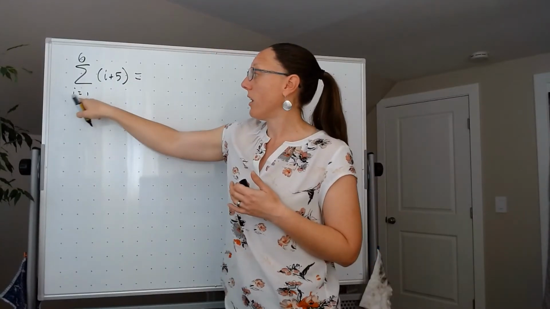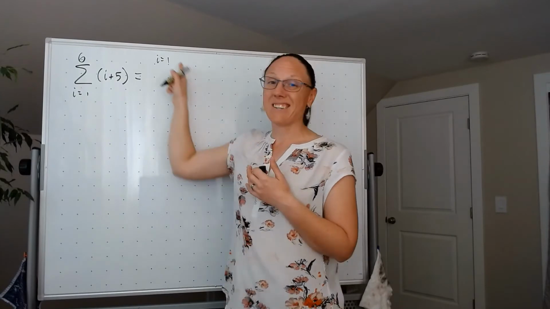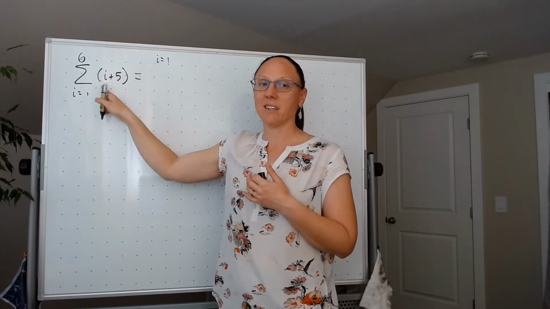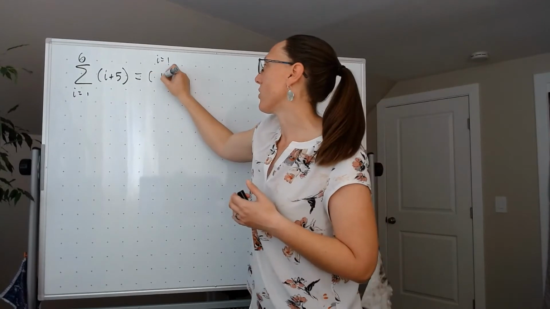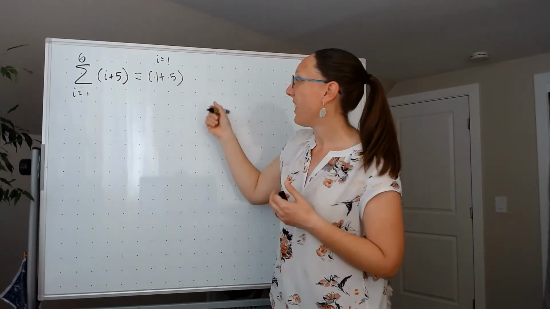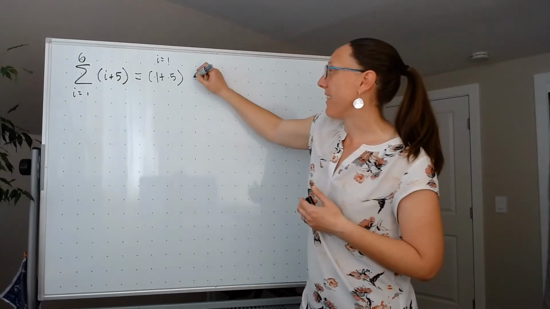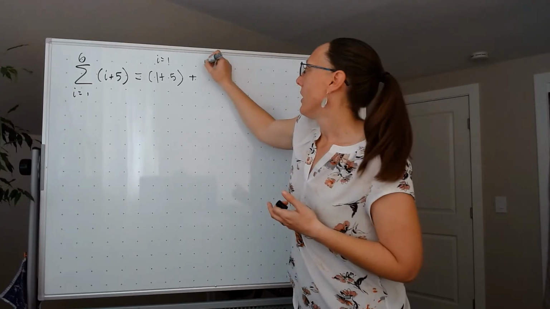I'm going to start at i equals 1 and take that 1 and plug it in to the expression that we're going to be adding up. In this case, that's going to look like 1 plus 5. Then I'm going to add that. That's what my sigma notation is telling me to do.